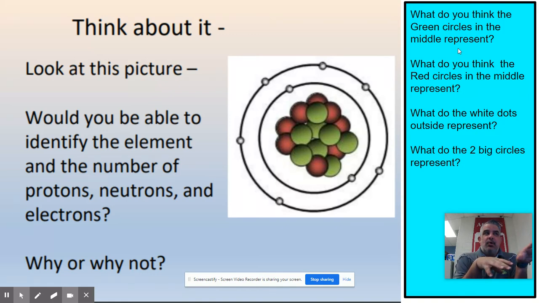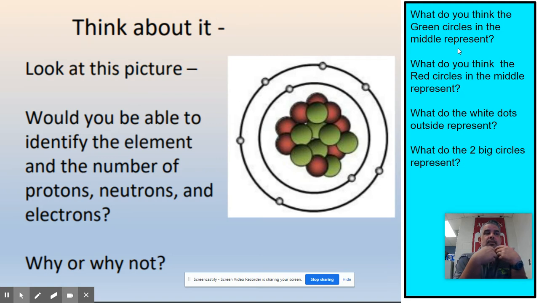So if you look at this Bohr model, you have to ask yourself some questions. First off, what do you think the green circles are, and what do you think the red circles are? Because they are located in the nucleus, in the center of the atom, they have to be either protons or neutrons. But there's really not a lot of evidence to suggest which is which, okay?